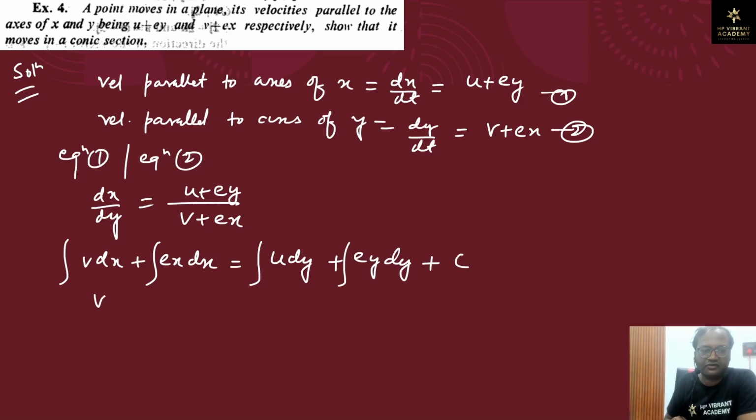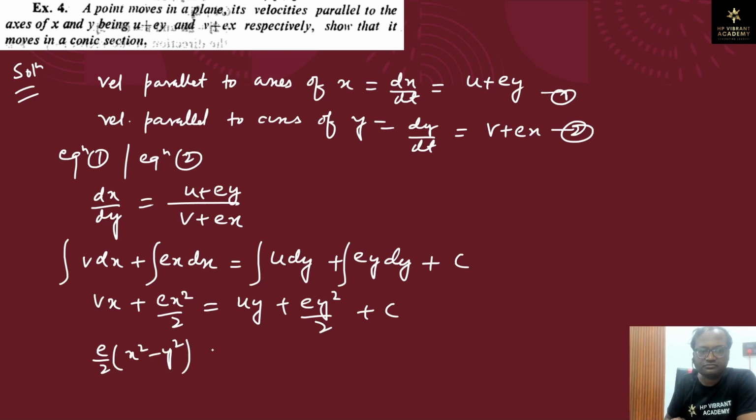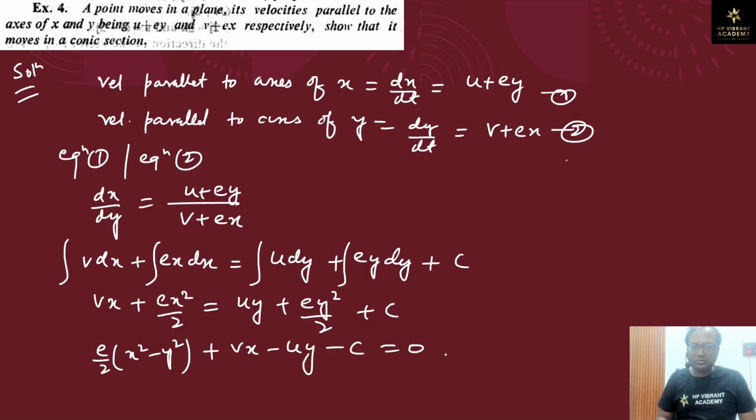So we have vx plus ex square upon 2 is equal to uy plus ey square upon 2 plus c. So we have e by 2 (x square minus y square) plus vx minus uy minus c is equal to 0. So ex square minus ey square plus 2vx minus 2uy minus 2c is equal to 0.